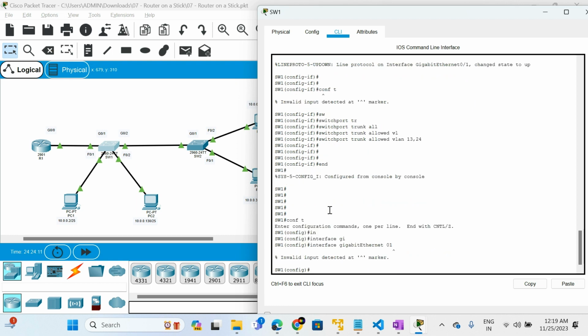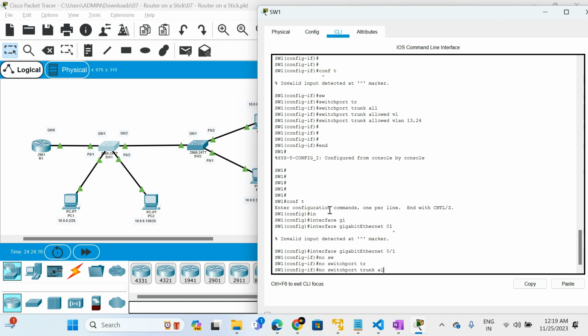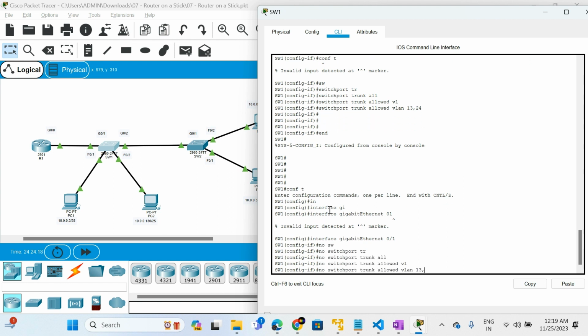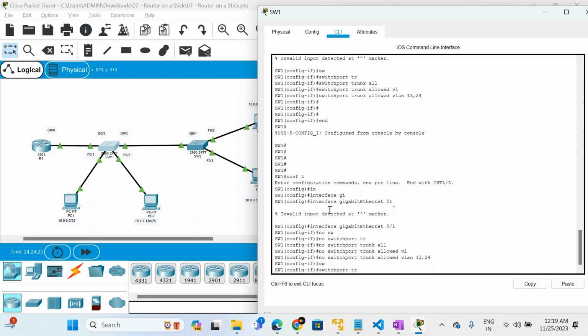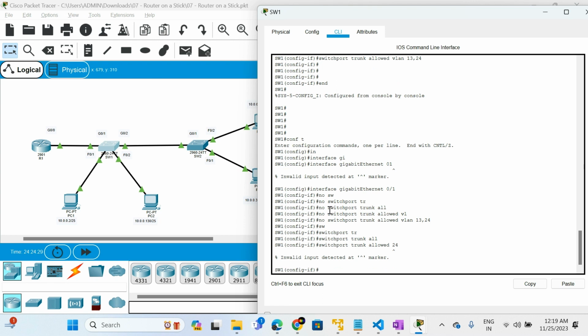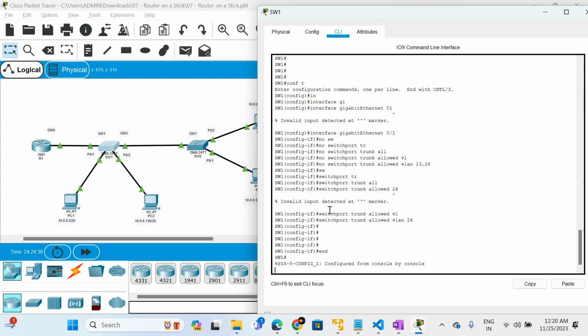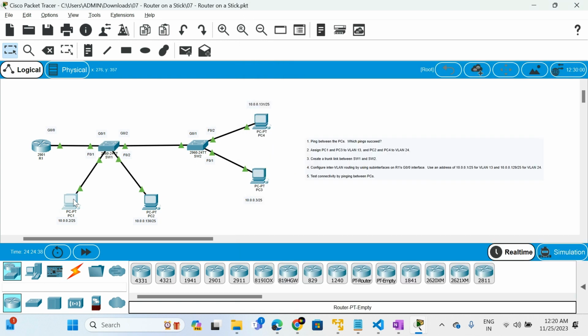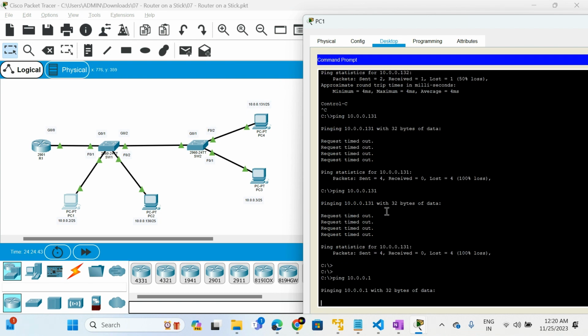If you remove switchport trunk allowed VLAN 13,24 and restrict the trunk to allow only 24, then this will not work.